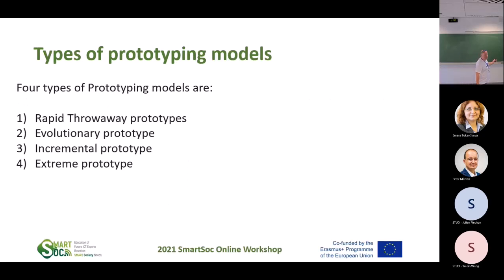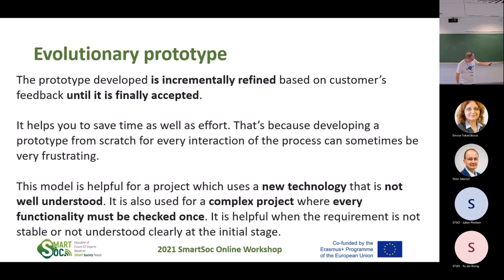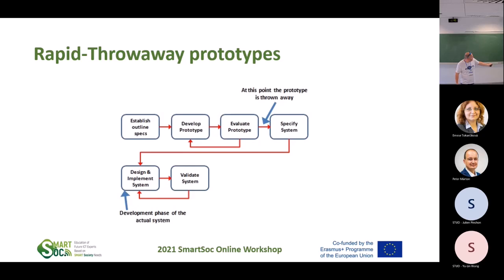The types of prototyping models. It's easy: rapid prototyping, or throwaway prototyping. The prototype is quickly developed to show the requirements, but we do something and then we throw it away.